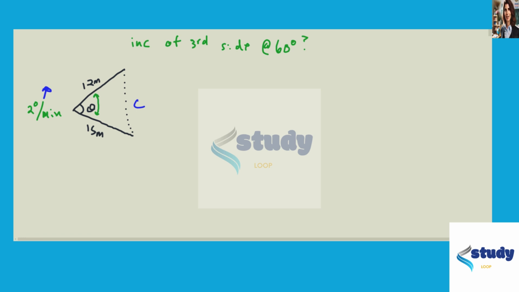Remember, to do that we multiply by pi and divide by 180. So it would be 2 over 180 times pi, and that would just be pi over 90. So we have pi over 90 radians per minute, which will be our units.